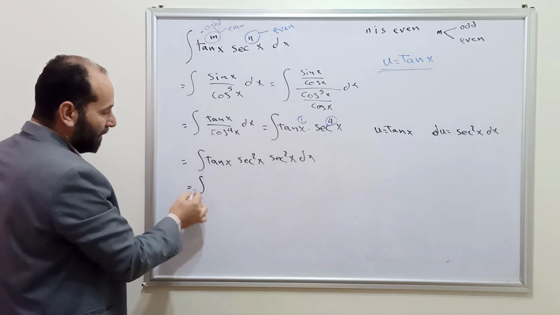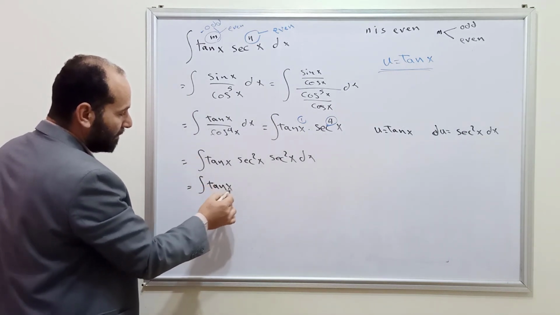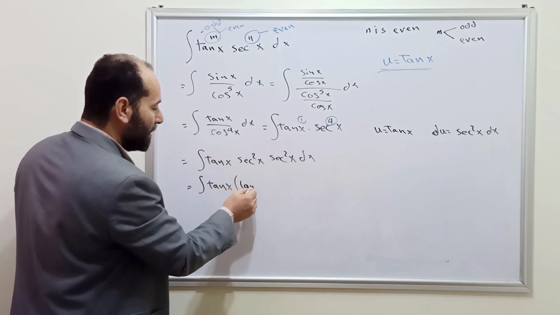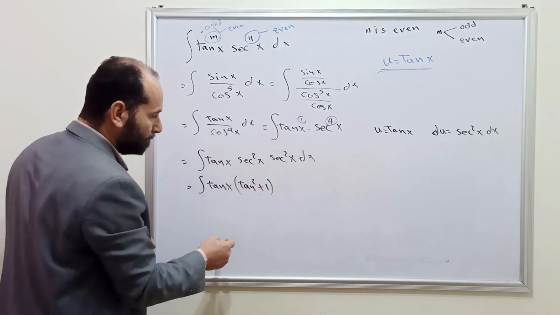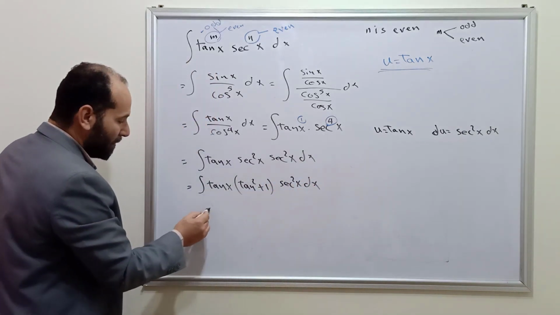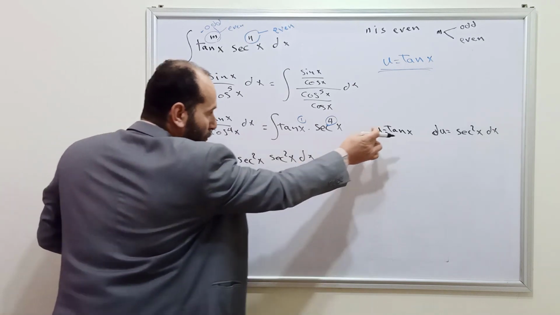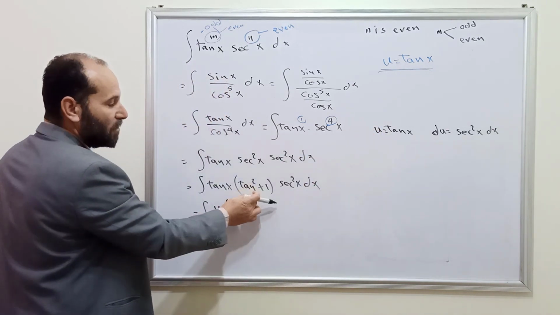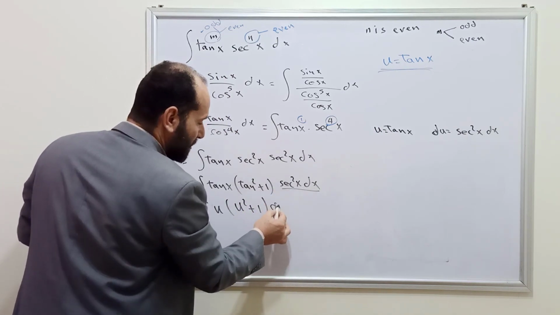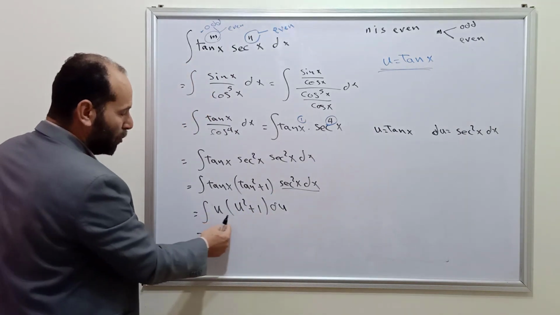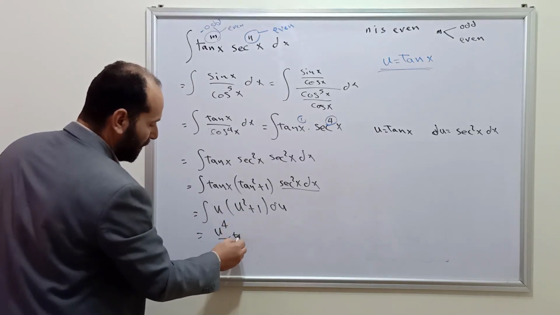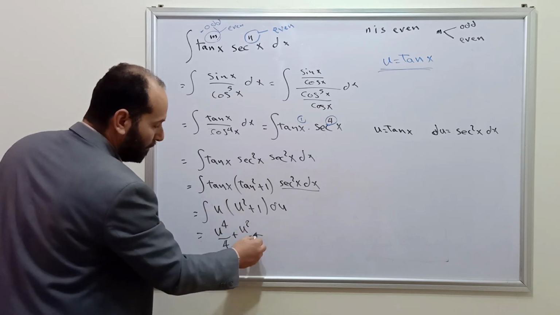This equals the integration of tan x, and sec squared x, as we know, equals tan squared x plus 1, sec squared x dx. With tan x equals u, tan squared plus 1 equals u squared plus 1, and sec squared x dx equals du. We integrate u power 3 equals u power 4 over 4, and u power 1 equals u squared over 2, plus c.